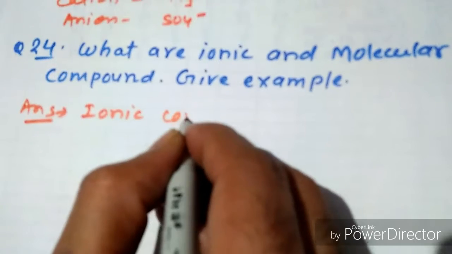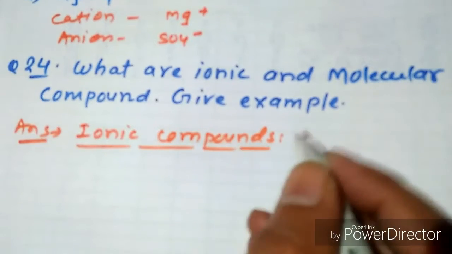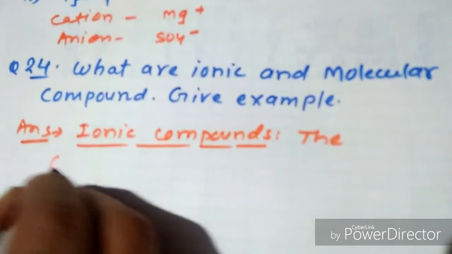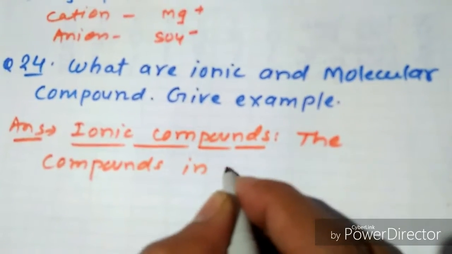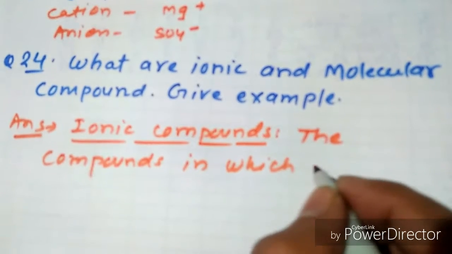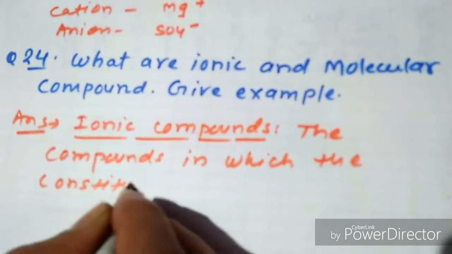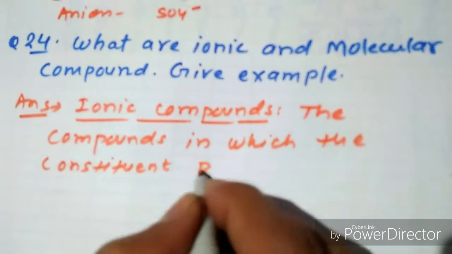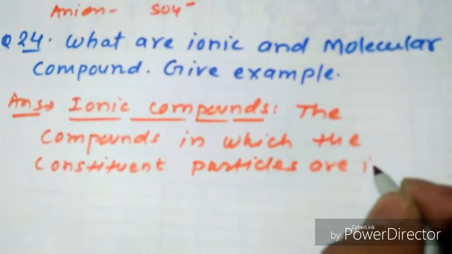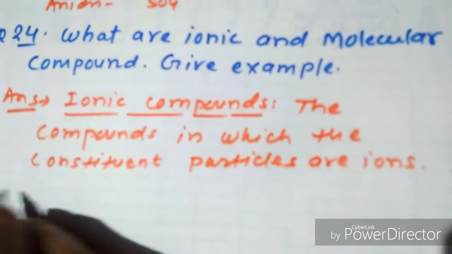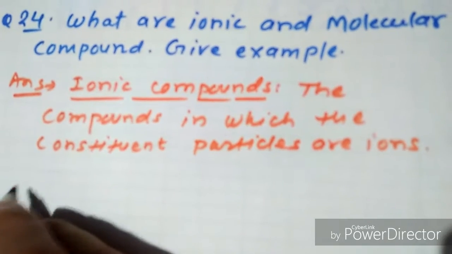Ionic compounds: the compounds in which the constituent particles are ions are known as ionic compounds.